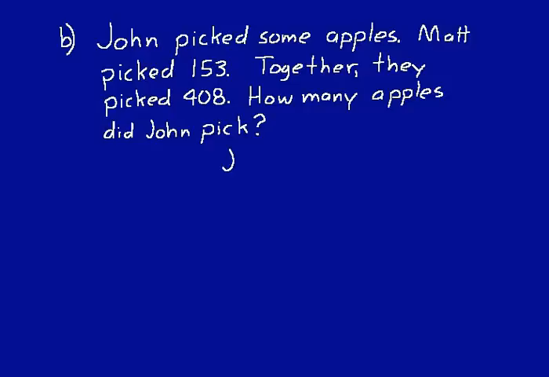So we say J plus 153 for Matt's apples, and together, or the total, is 408 apples. To solve for how many John picked and answer our question, we remember that subtraction undoes addition, and we'll have 408 minus 153. Just do the math on that.